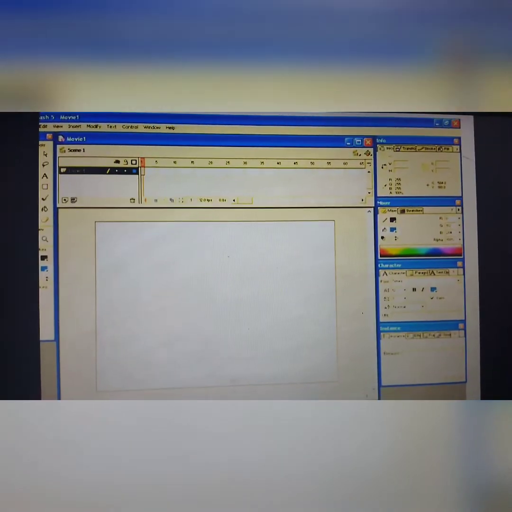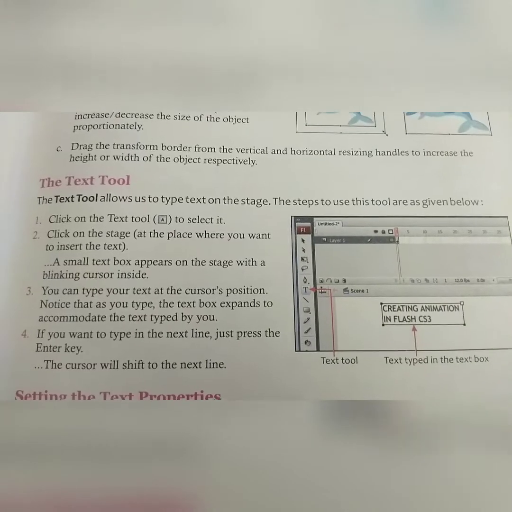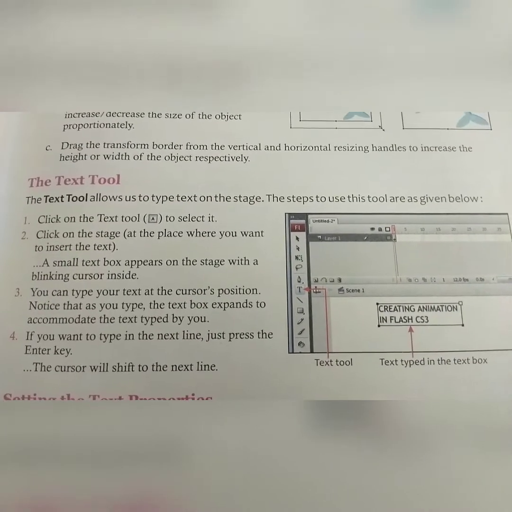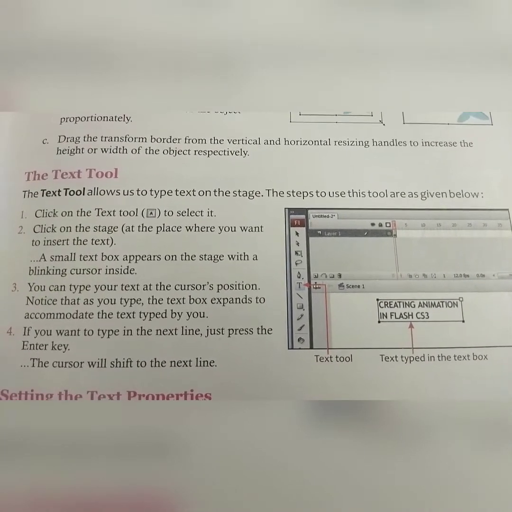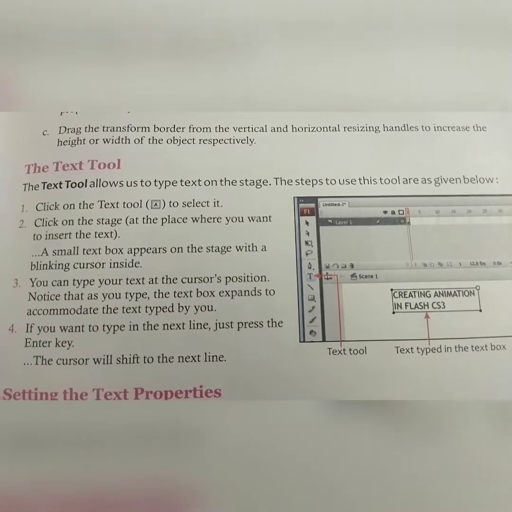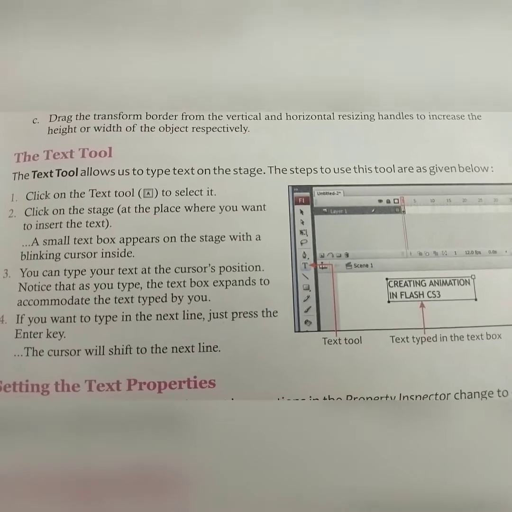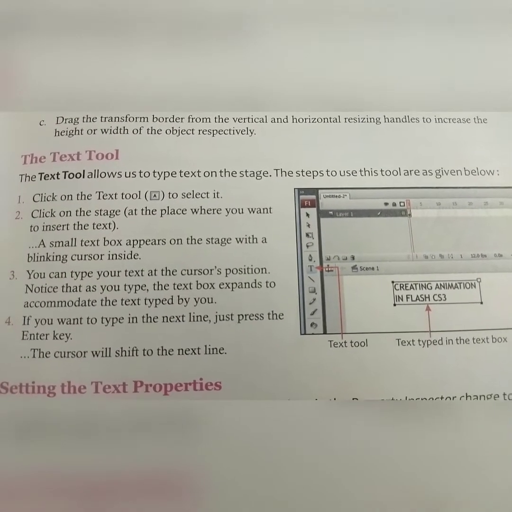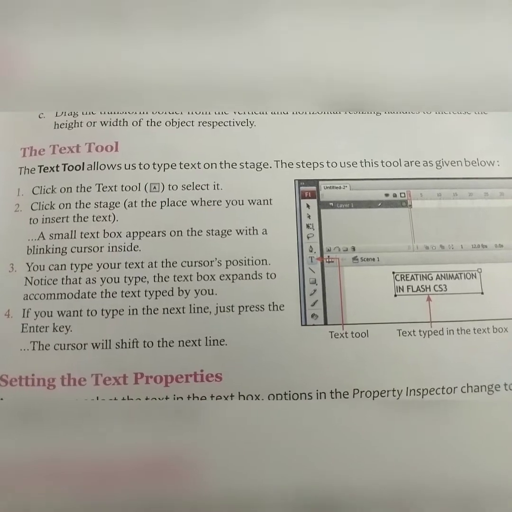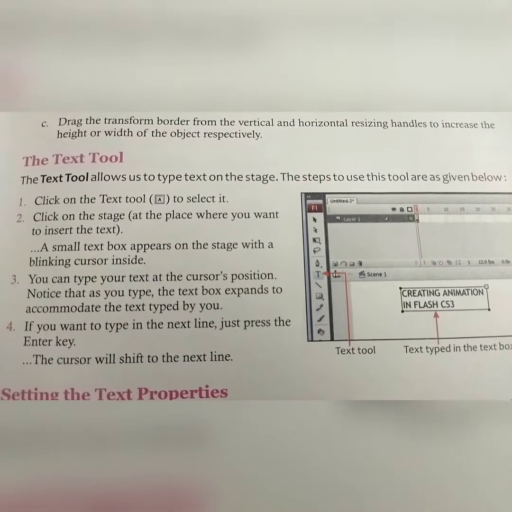Now next, students, you can see is your text tool. The text tool allows us to type text on the stage. The steps to use this tool are given below. First, click on the text tool to select it, then click on the stage at the place where you want to insert the text. A small text box appears on the stage with a blinking cursor inside, and then you can type your text at the cursor position.